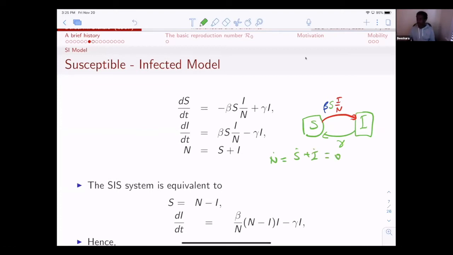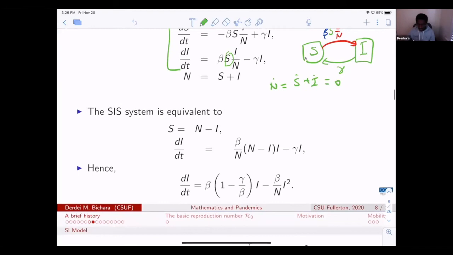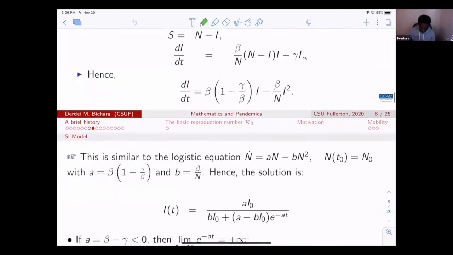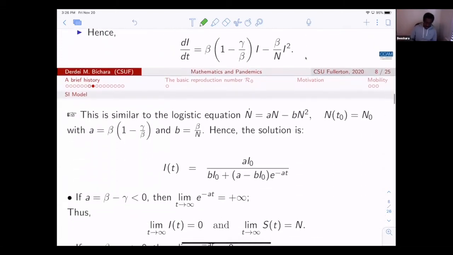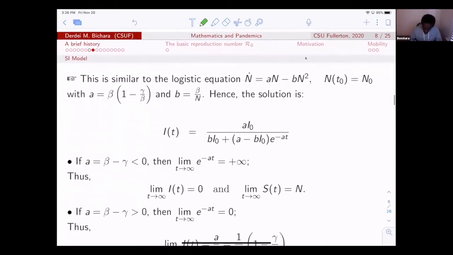The total population is constant. So we could reduce the 2D ODE into 1D. So we replace S by N minus I, and we'll get something exactly like the logistic ODE that we saw earlier.